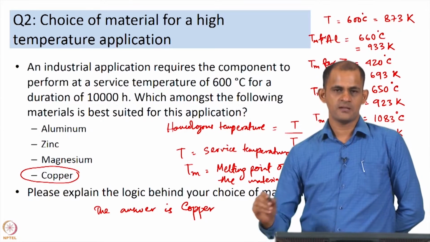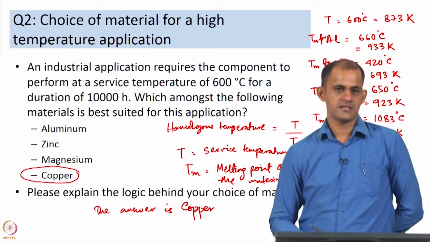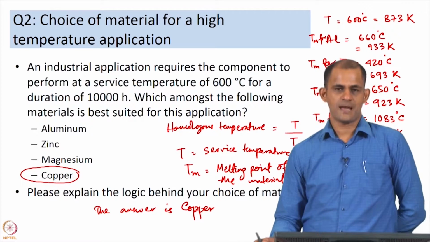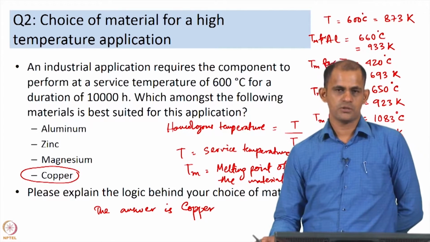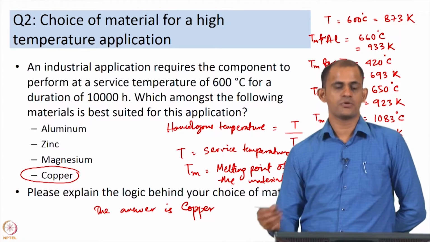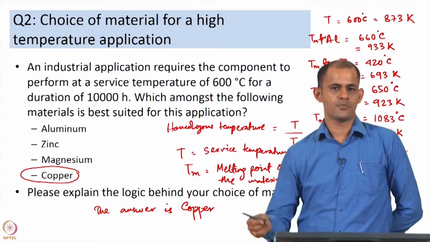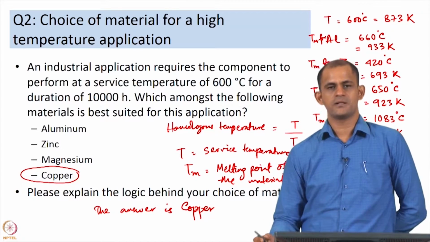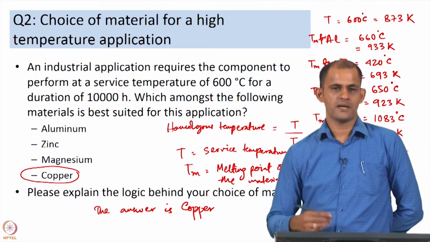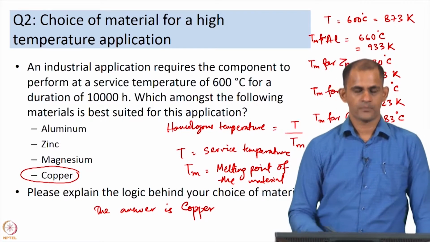Of course, I am saying could be chosen, the reason is one has to understand other aspects of the application including cost. So, industries are sensitive to cost. So, when you choose a material or propose a material for a particular application, you will also have to account for the cost of making a part with that material.